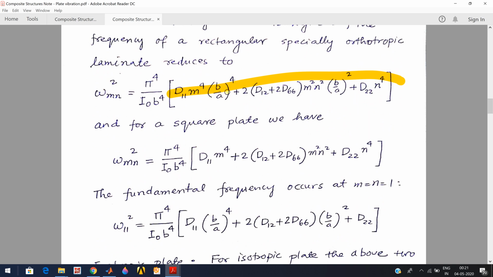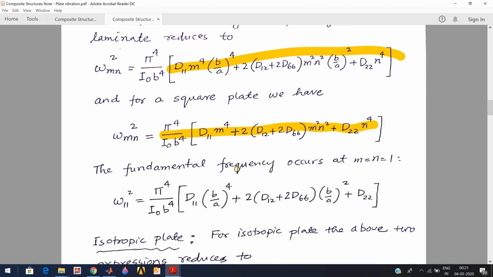Then for a square plate, b by a will be 1, so this is the simplified form of omega mn square. From here you can see the fundamental frequency will be when m and n are equal to 1, and that is the expression of the fundamental frequency omega 11 square.